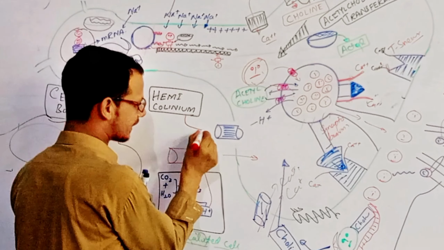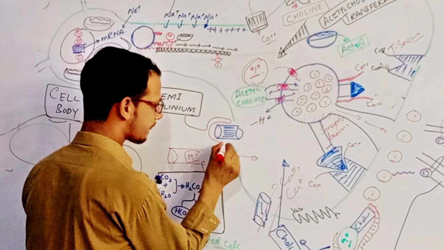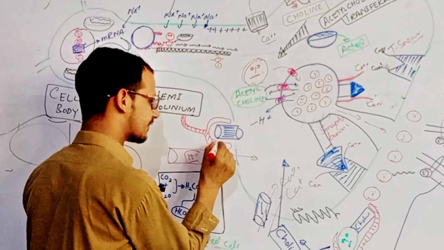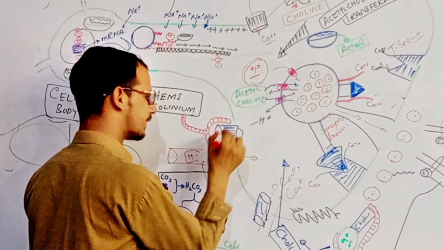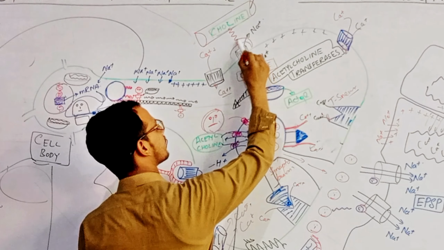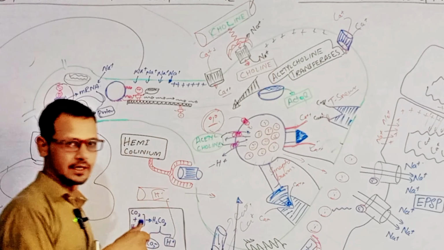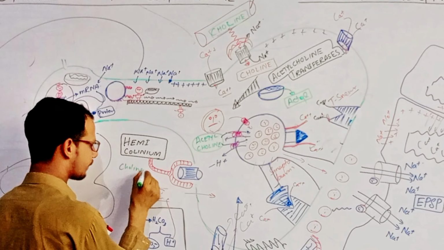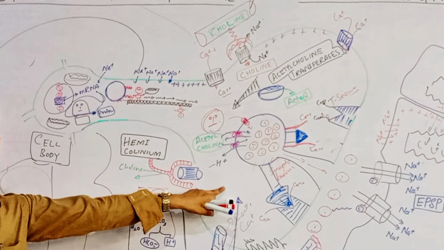This hemicholinium blocks this choline transporter, and now this axon terminal is not able to take choline. For example, this is now blocked and choline cannot go into the axon terminal.